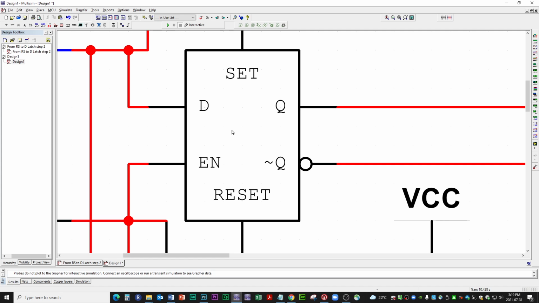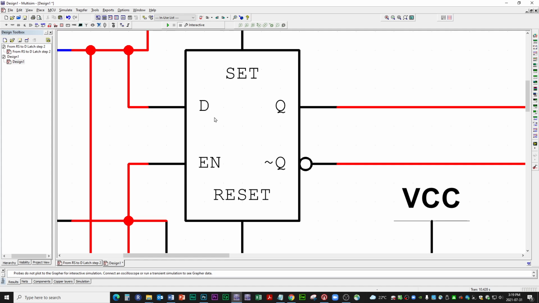These are called the asynchronous inputs. The asynchronous inputs do not care about anything else. They override everything. They are not synchronized with any other operation whatsoever. They will just perform the operation as they are told. Doesn't matter what everybody else is doing, so they are called asynchronous inputs.